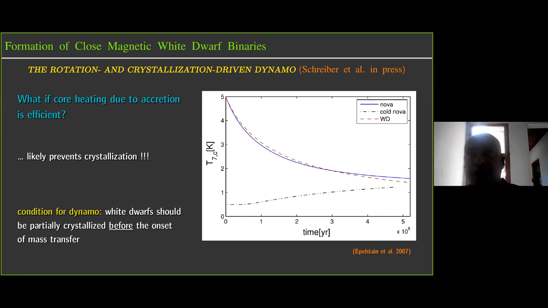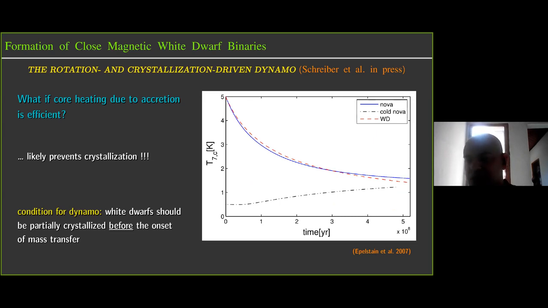white dwarf is partially crystallized and then the CV phase starts, this is precisely this case, black here. We can see that indeed the core temperature increases, and eventually it will start to melt the core.